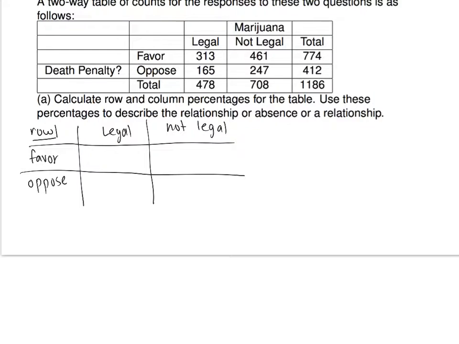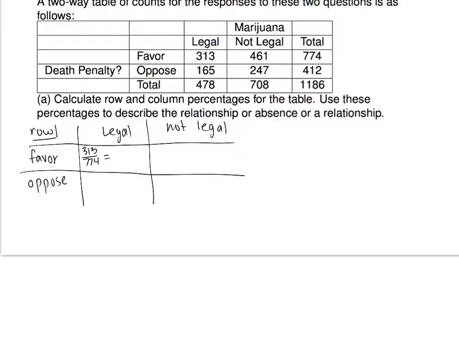All right, so if you're looking at a row percentage, what's the total you take stuff out of? At least for the first row. 774. So of everyone that favors the death penalty, what proportion favor marijuana legalization? 313. Yep, 313 out of 774.